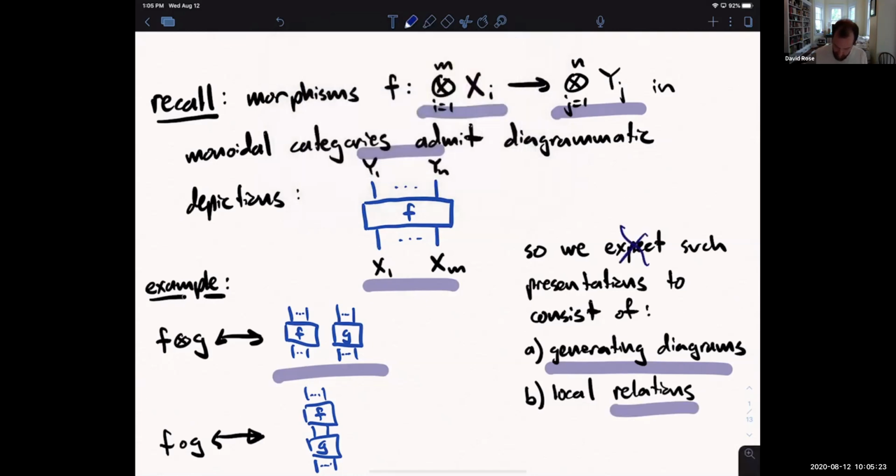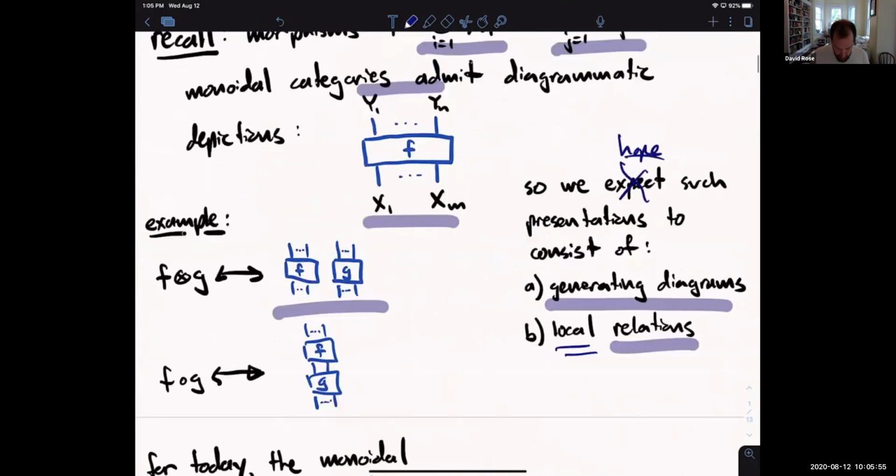So maybe one thing that you might hope is that the relations you end up writing down end up being local in some sense. You need to write some relations which are maybe local to these pictures, and then, well, if you're in some nice enough setting, you might hope that some collection of local relations then propagates and tells you all of the relations between morphisms in your category. Okay.